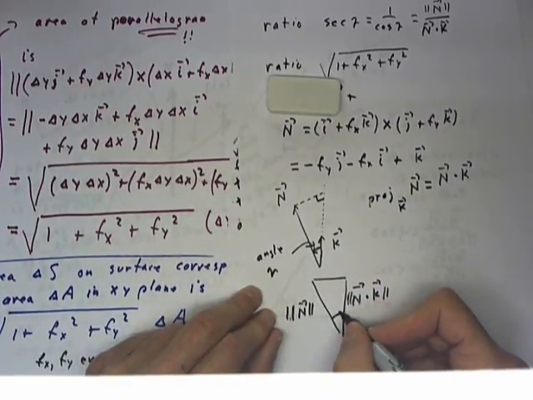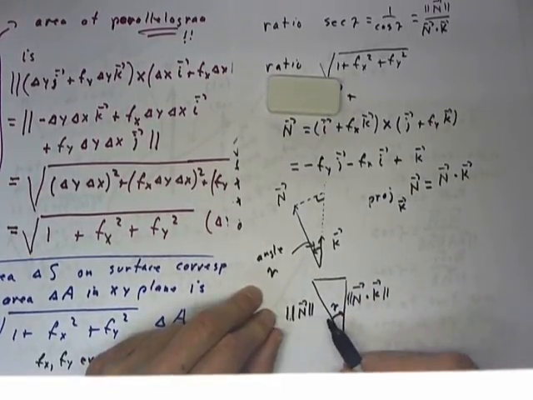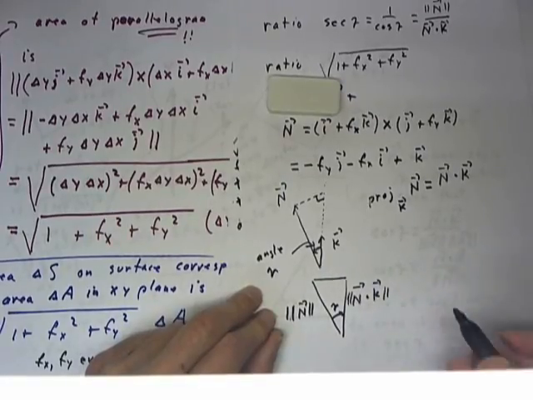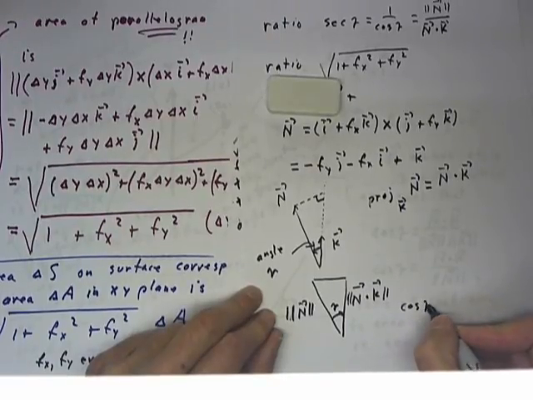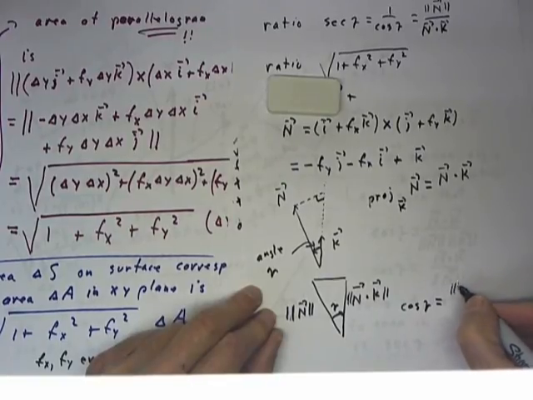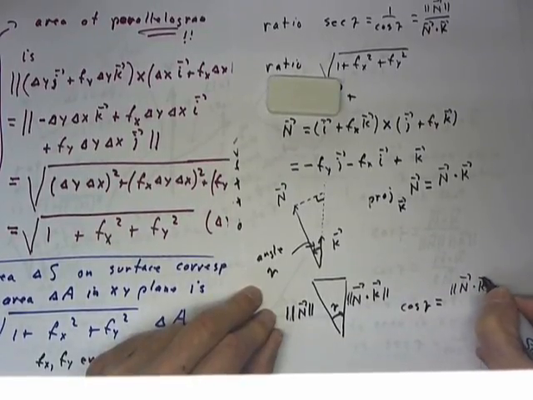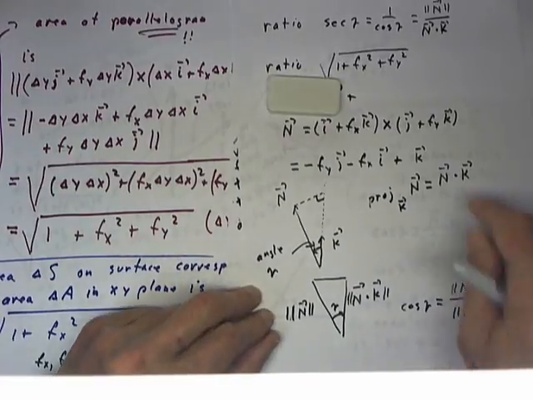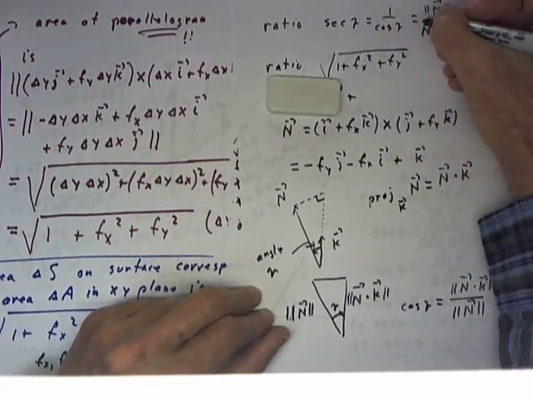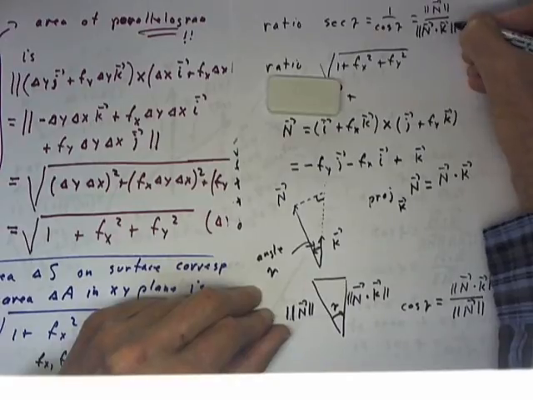Gamma is defined to be the angle between the normal vector and the k direction, so that cosine of gamma, being the adjacent side over the hypotenuse, is magnitude of n dot k over magnitude of n. From this, we immediately get this. I should have magnitudes in my denominator.